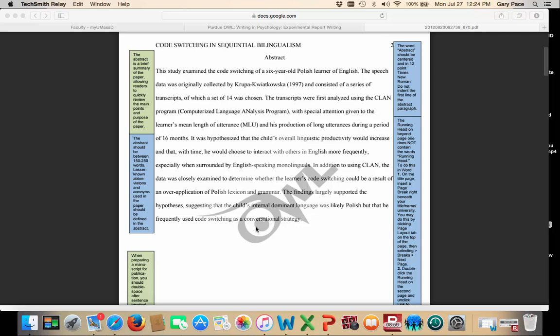The results of a reversal design, so you mentioned your design, indicated that subsequent to the use of non-contingent reinforcement, out-of-seat behavior dramatically decreased.